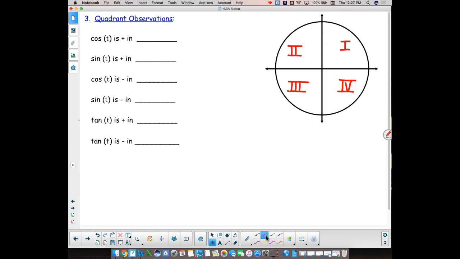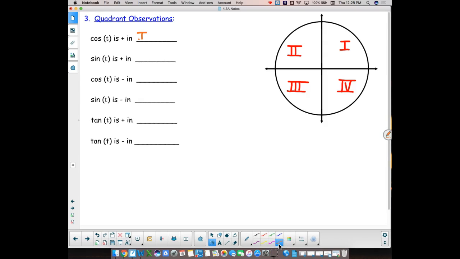Cosine of t is positive in which quadrant? 1 and 4. Do we agree with 1 and 4? Cosine is x or y? Cosine is x. Okay, so cosine would be positive then in quadrants 1 and 4.